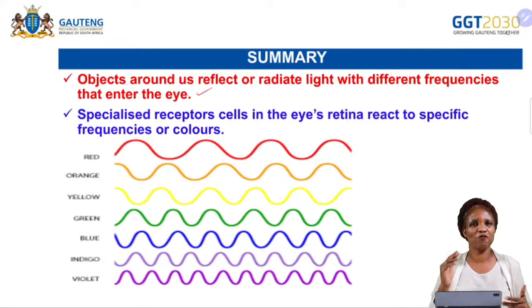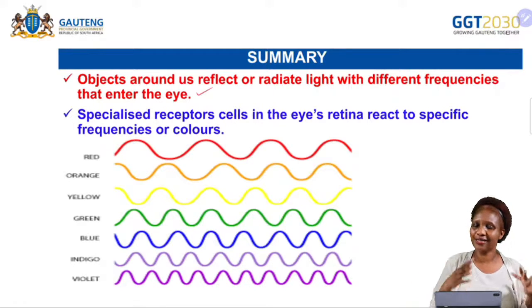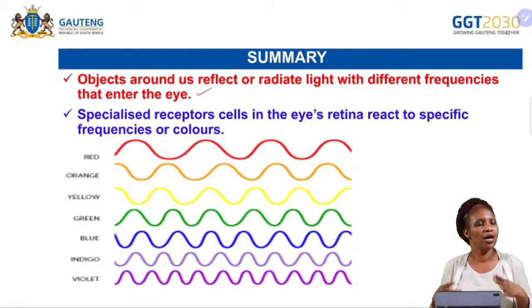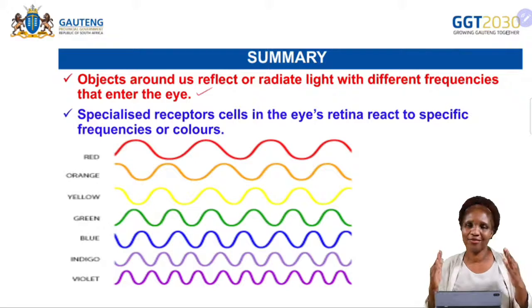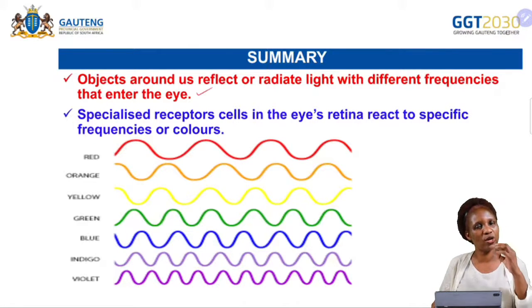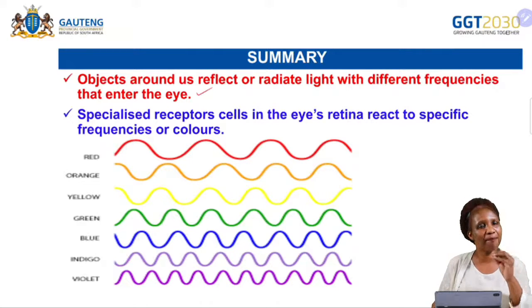For example, if we compare red and violet, red has got the longest wavelength and the lowest frequency. And then violet has got the shortest wavelength and the highest frequency. Why is that so? It is because when we are measuring frequency, we are talking about the number of waves that pass at a certain point at a given time. All right.